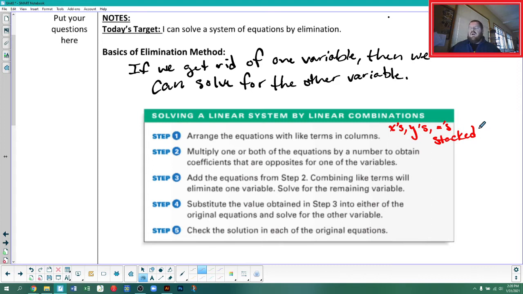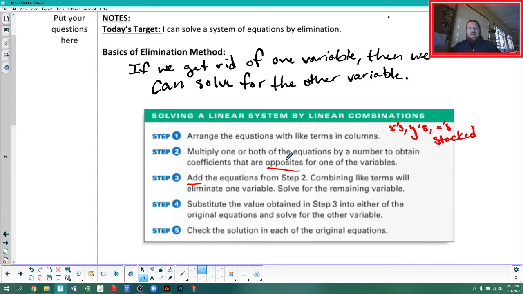Notice they also said coefficients that are opposites, and we're going to look at multiple different ways to do that, where maybe you don't need opposites. Having coefficients that are the same would work as well. And to back up a little bit, the word coefficient is the number that's being multiplied by a variable.